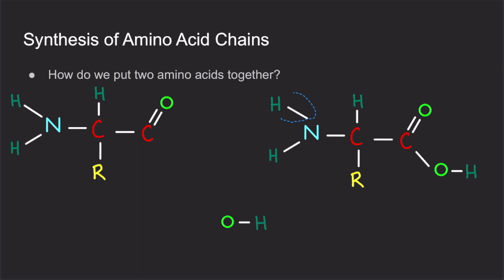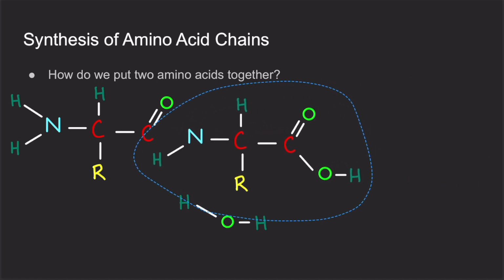This hydrogen here then bonds to oxygen. And what do you know? We have water. And what is left over? We have a carbon that needs a bond and a nitrogen that needs a bond. Lo and behold, they bond to one another.